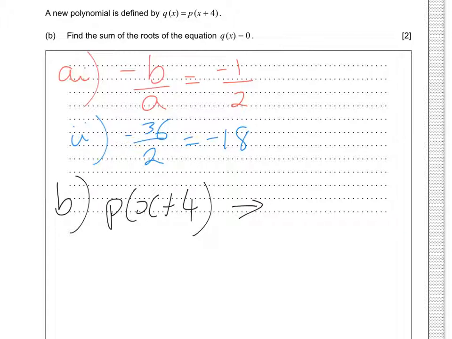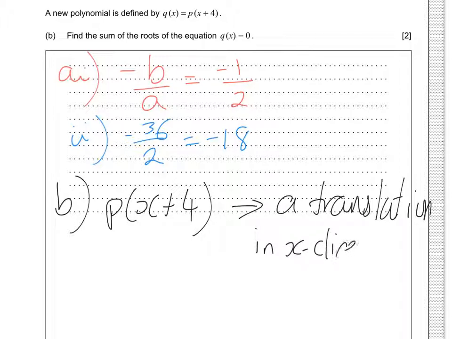And think of it as a graph. Well, this is a translation in the x direction of negative 4, which means that all the roots have 4 taken away from them.